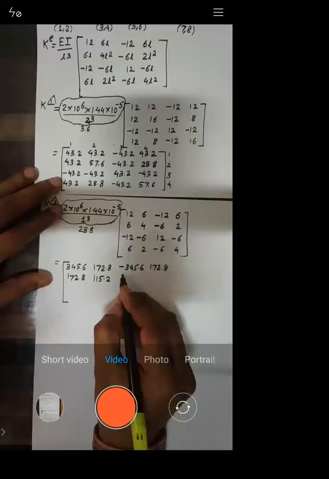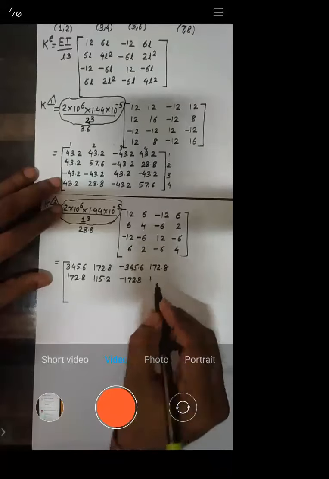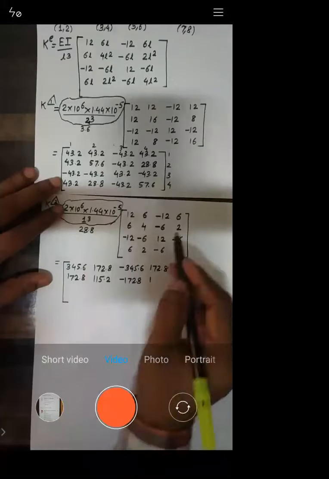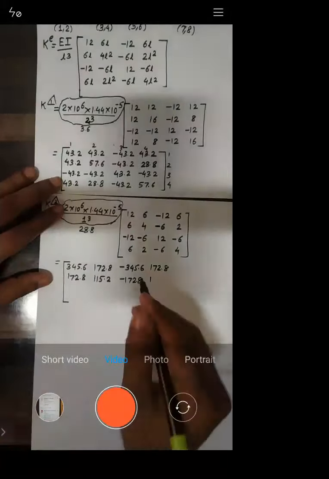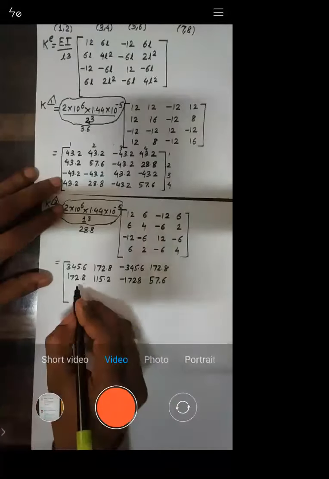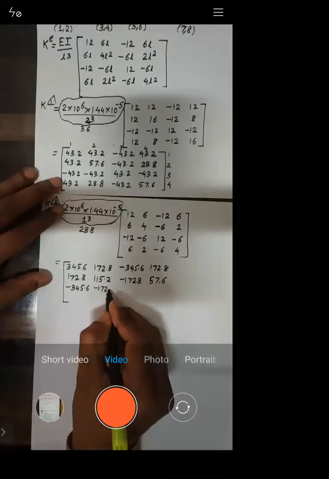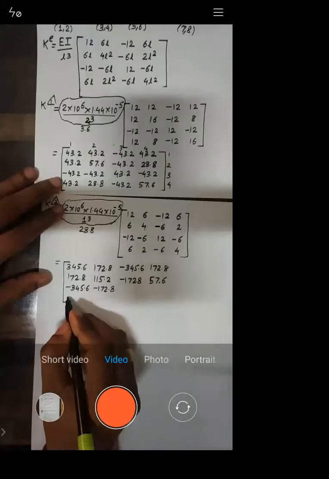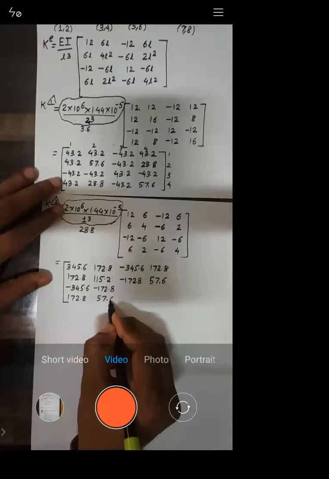172.8, minus 172.8. Then 28.8 into 2 is 57.6. Next, minus 345.6, minus 172.8, 172.8, 57.6.